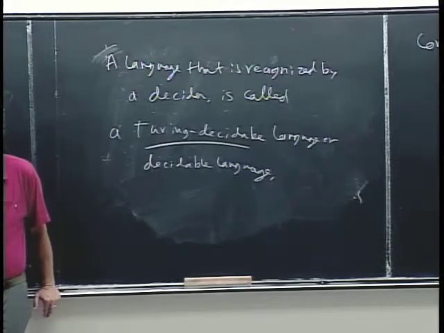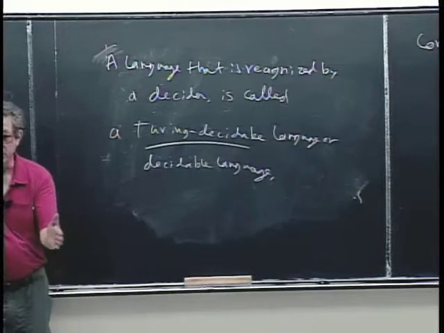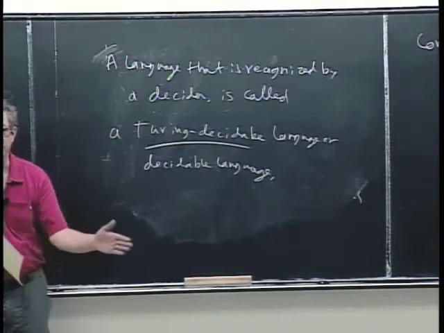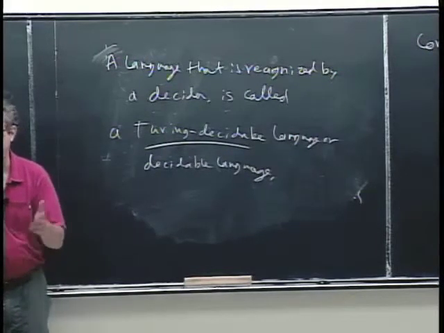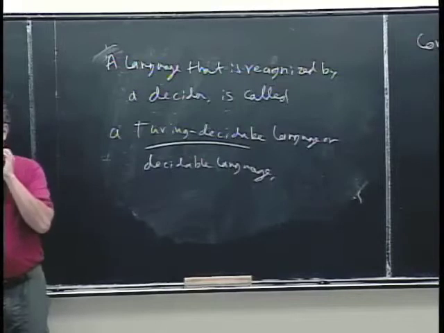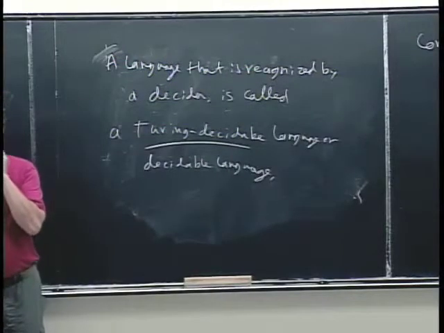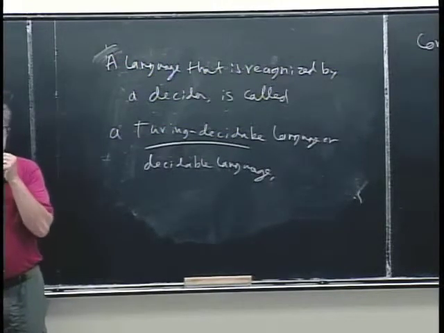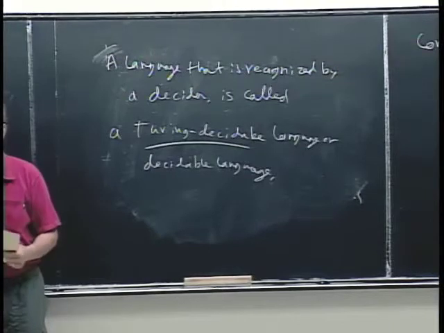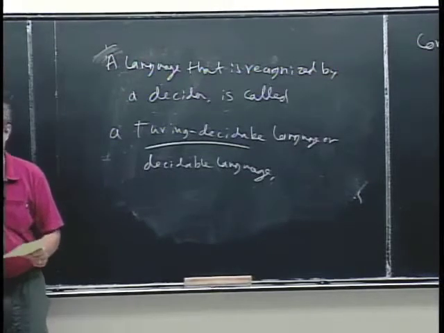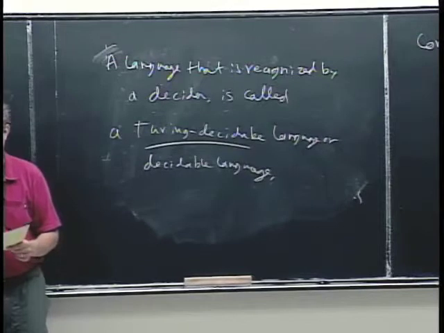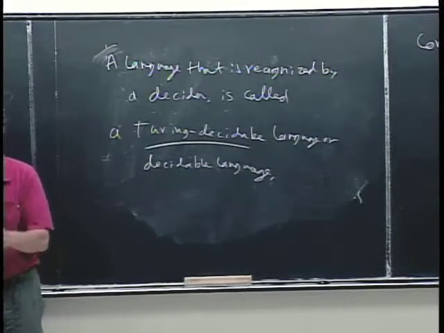And if you don't have a decider for that language, and you have a particular input, and that Turing machine just keeps running, you don't know whether it will eventually reject or even eventually accept, or whether it's in some kind of loop and is never going to terminate. Okay? So that's a critical distinction.